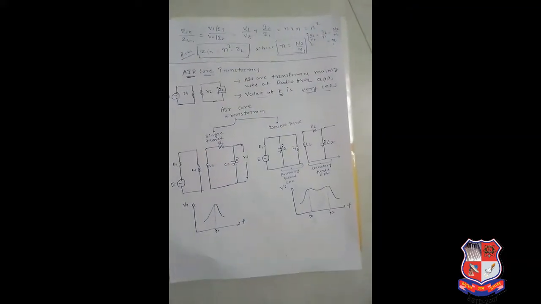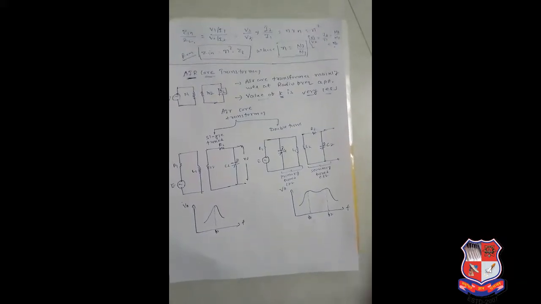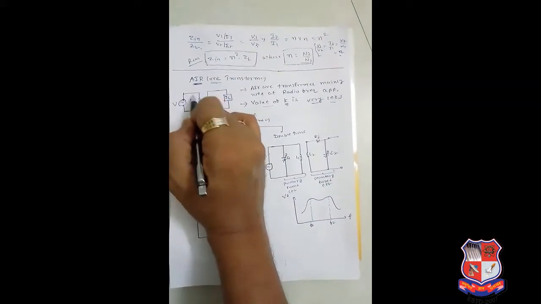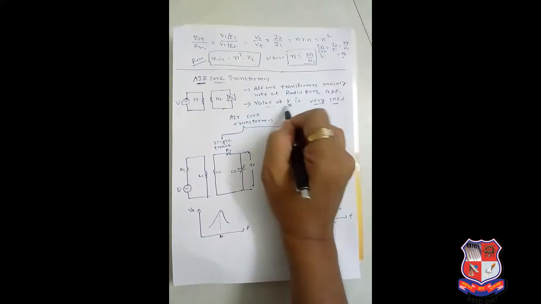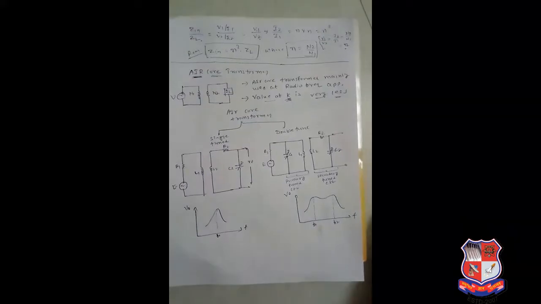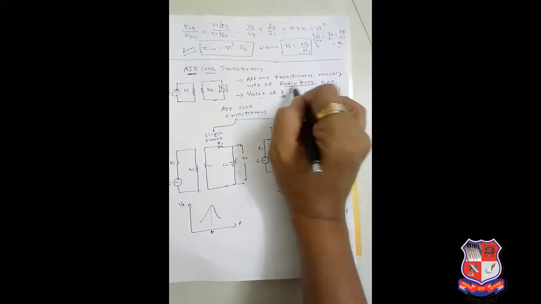Why? Because lots of the flux linking from the primary to the secondary is lost in air. That's why we get a very low value of K. We mainly use the air core transformer at radio frequency.